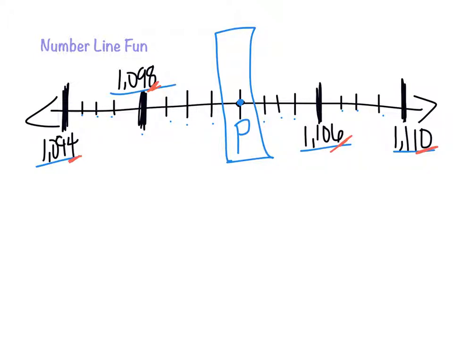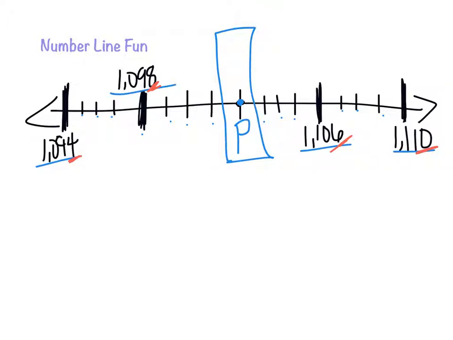So, we're going to have to go back and think, how are they counting this? Now, because there are so many notches on this number line, I want you to think if they're counting by 1s. See if they are.